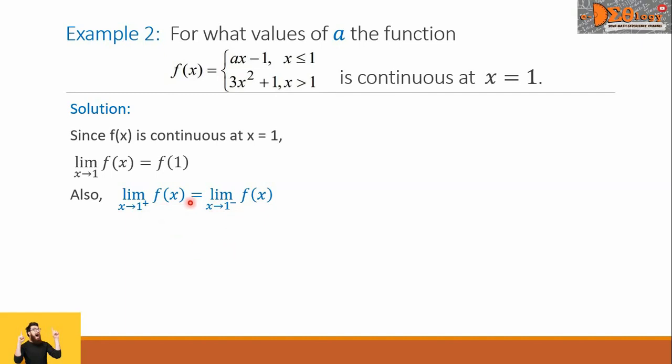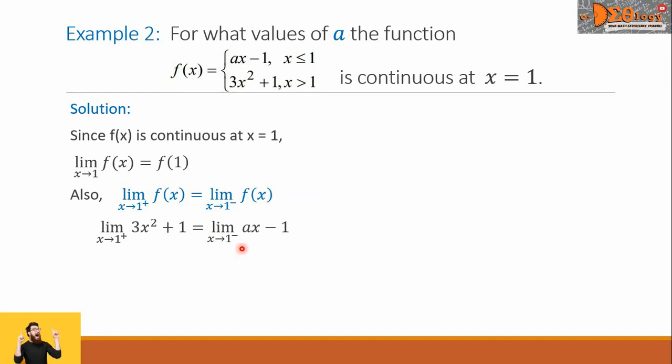Substituting the corresponding functions, we have now the limit of 3x squared plus 1 as x approaches 1 from the right is equal to the limit of ax minus 1 as x approaches 1 from the left.